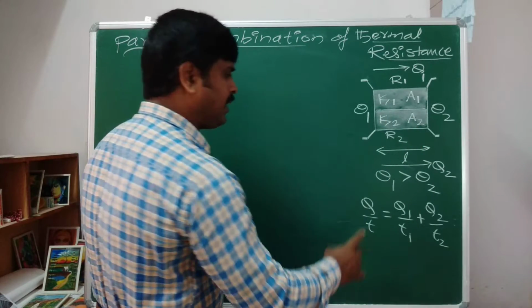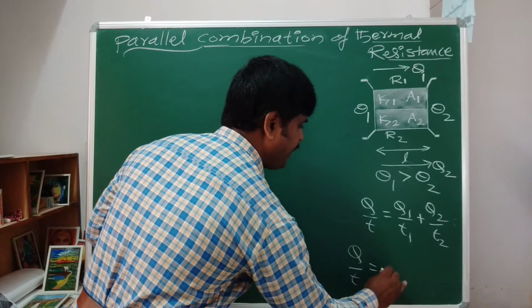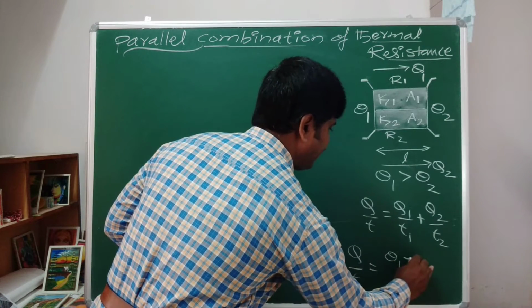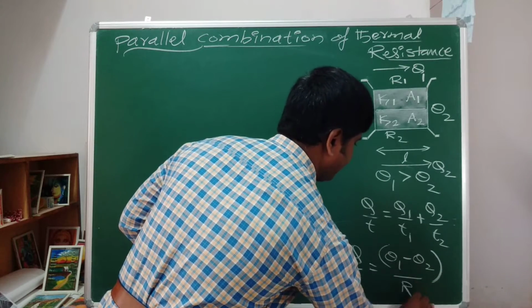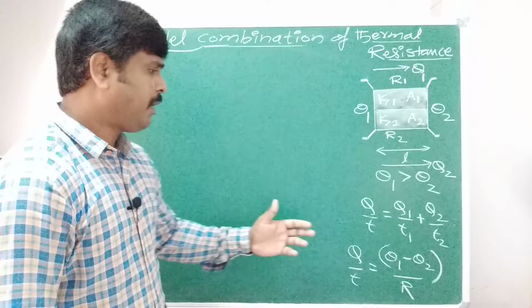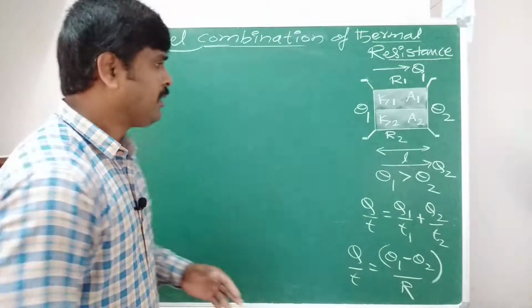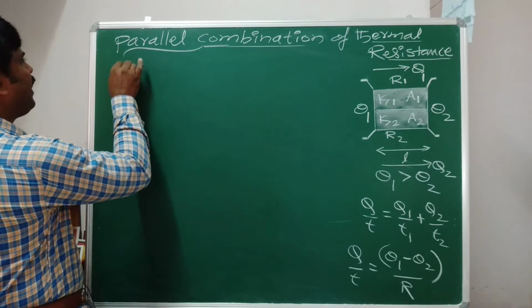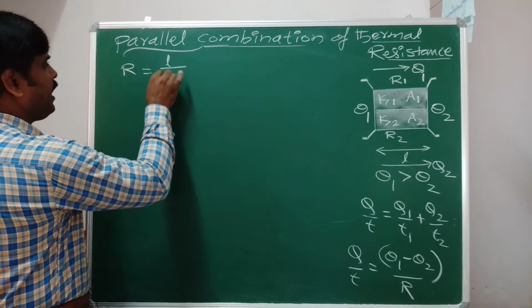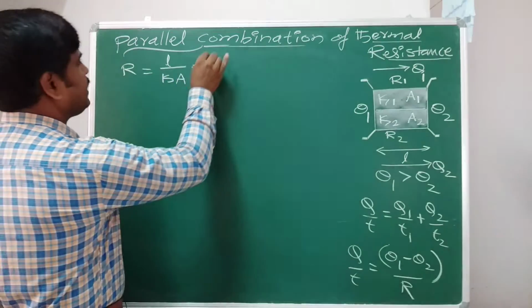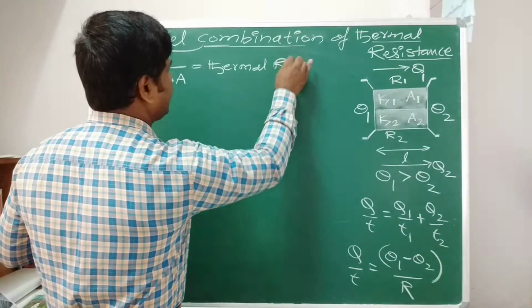We know the formula Q by T equals (θ1 minus θ2) divided by R. What is R here? Thermal resistance. R is equal to L divided by K into A.